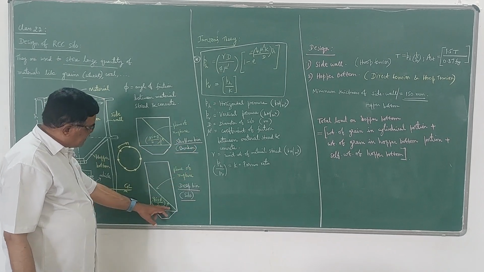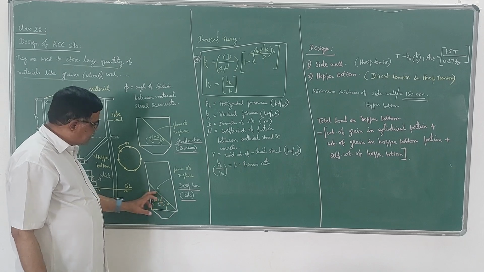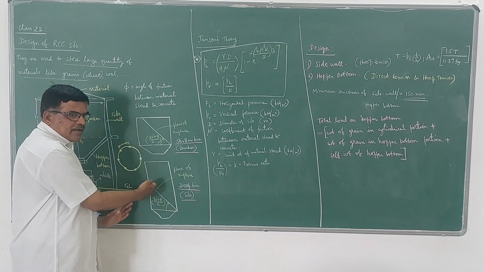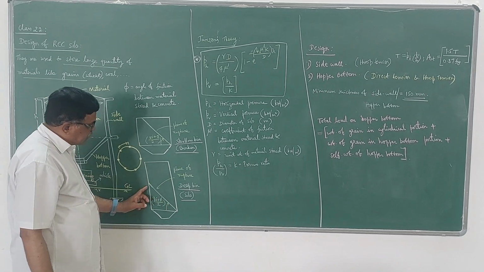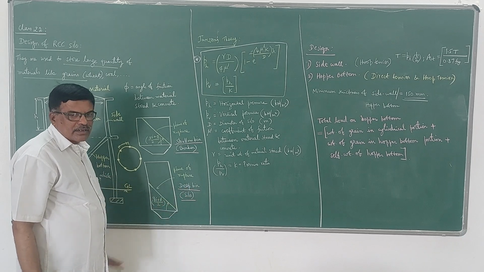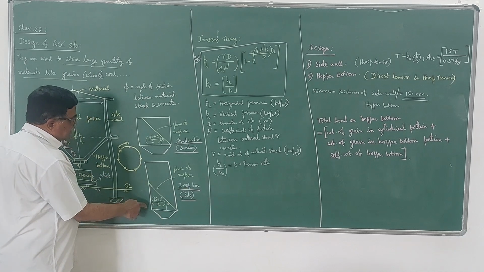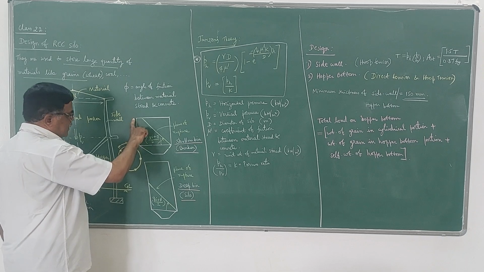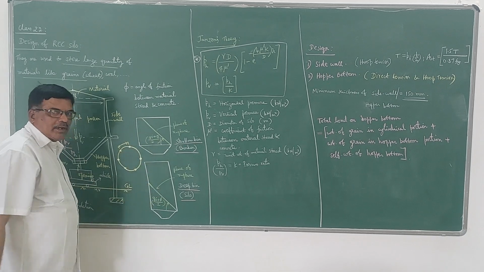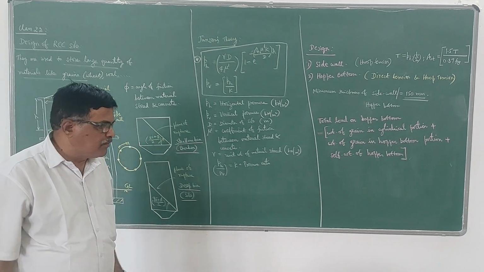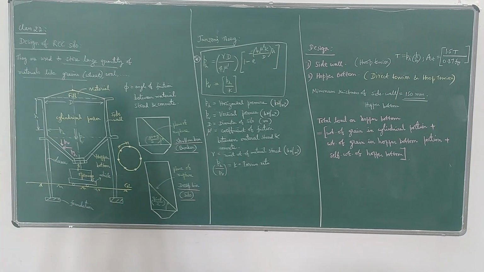Suppose the same plane of rupture cuts the opposite side of the wall, then it is called a deep bin or silo. That means depth is more here compared to this. This is a shallow bin, this is a deep bin. So bin is a common word used for both bunkers and silos.